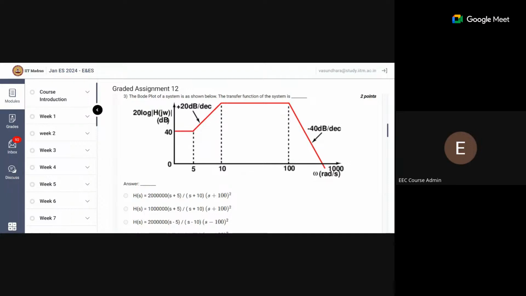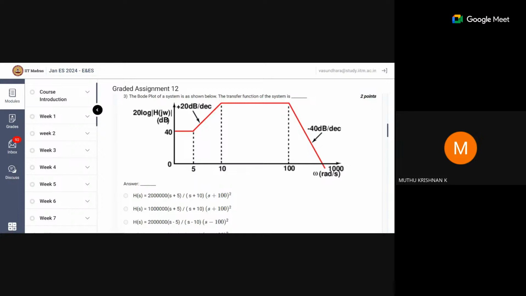You can just cross check. Because 20 log of that K is this 40 dB, so you will get antilog 2, correct? So you will get it as 100. Yes, ma'am. Okay.